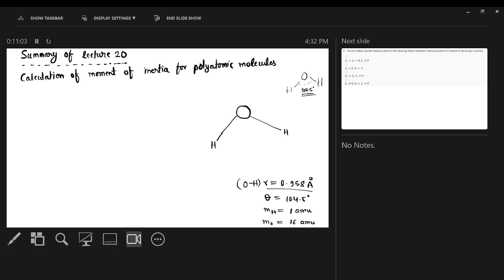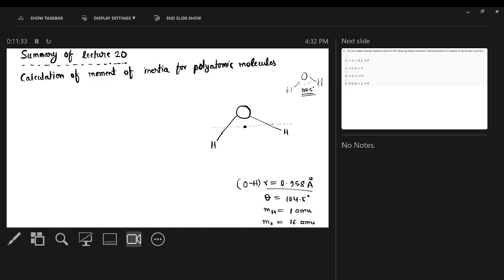So how can we calculate the moment of inertia along the x-axis, y-axis and z-axis? To calculate that, first we have to assign the center of mass of the molecule. So it's somewhere here. This is the center of mass.